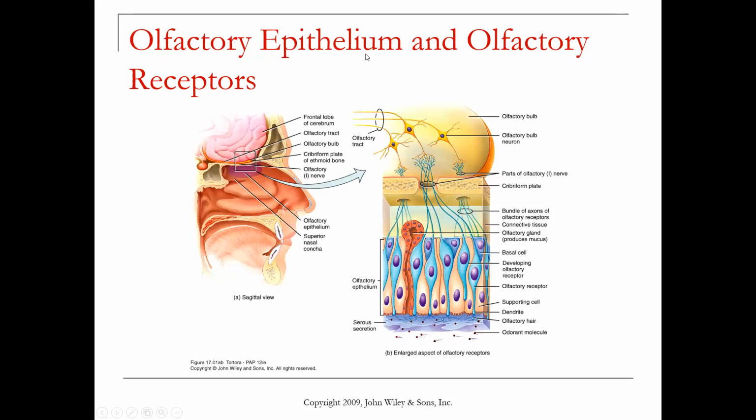So, this is the region of the nasal cavity we're talking about. We can see that the olfactory epithelial cells line this area here of the roof of the nasal cavity, the anterior surface, if you will. Here we have the crista galli and the cribriform plate of the ethmoid bone.